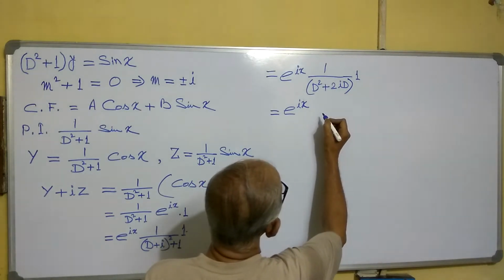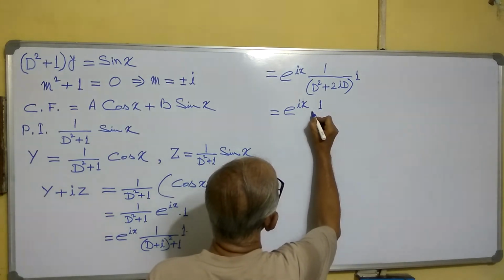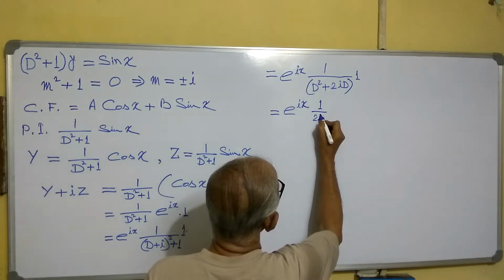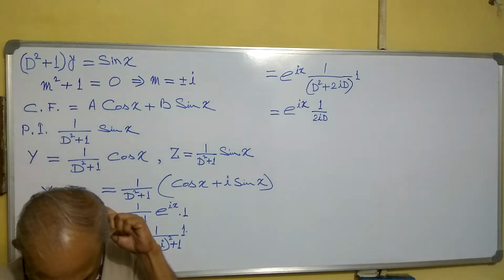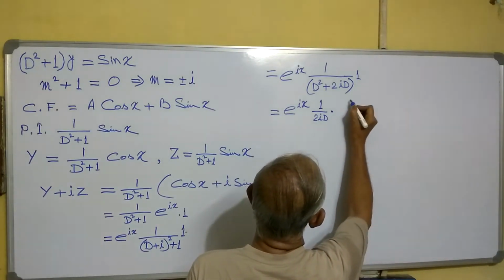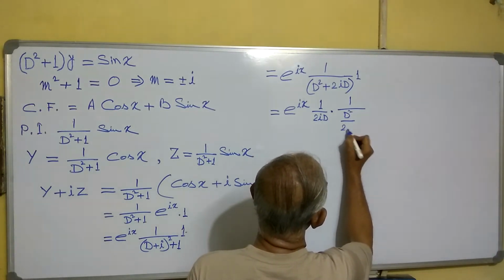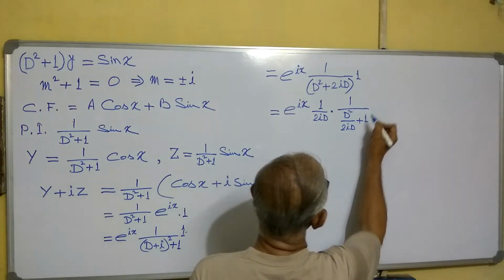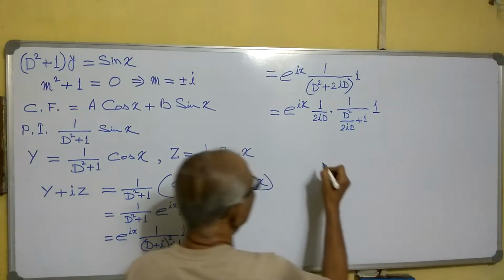Now, if we take 2iD common, 1 by 2iD, then what are we getting? D square by 2iD plus 1, of 1.